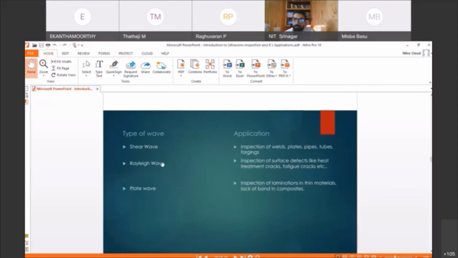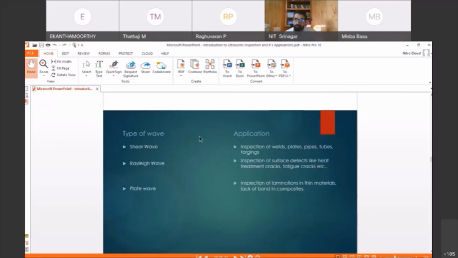But Rayleigh waves are nothing but surface waves, especially used for inspection of heat treatment cracks, very minute cracks and fatigue cracks. These are very sensitive cracks, and this kind of sensitive crack can easily be detected by surface waves. Plate waves are used for detecting laminations in thin materials or bonding issues in composites.